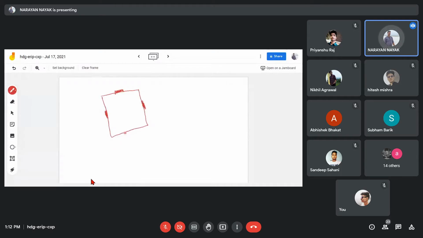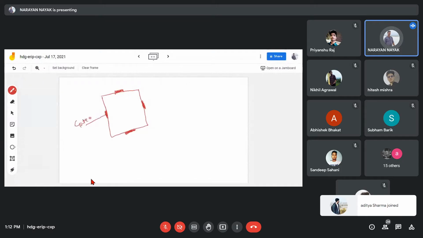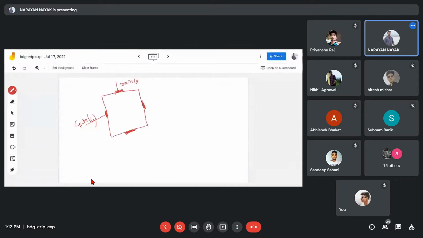So I will draw the N-channel JFET. Okay. So in the N-channel JFET, this is called the gate. Simply it is mentioned as G. This is your drain. It is mentioned as D. This is the source.